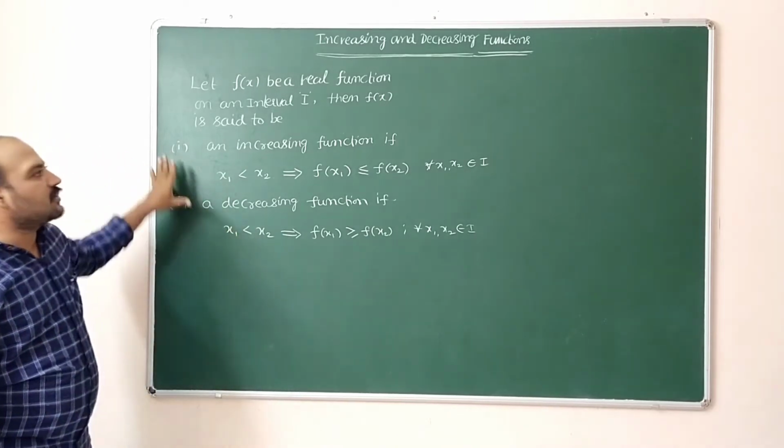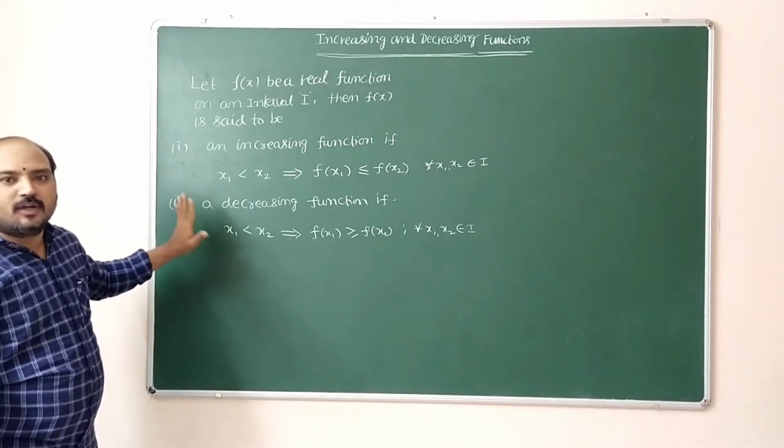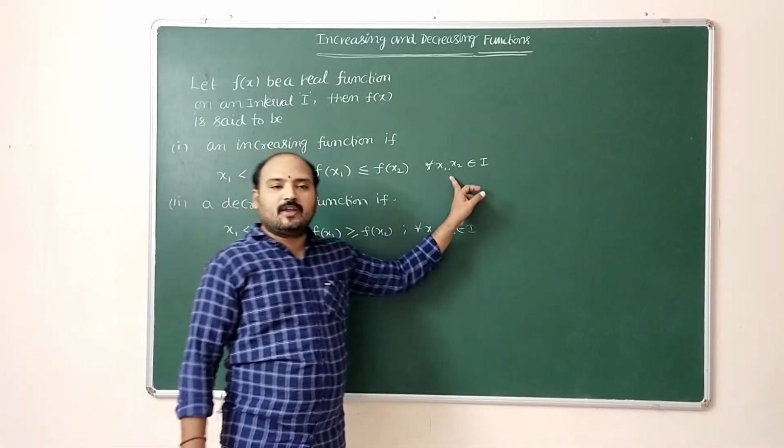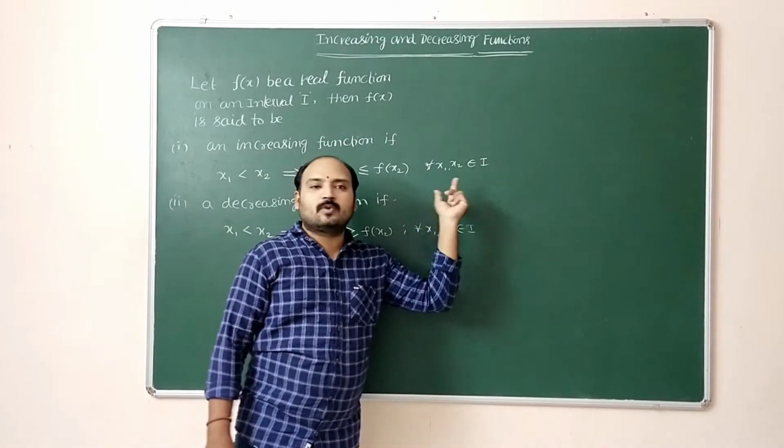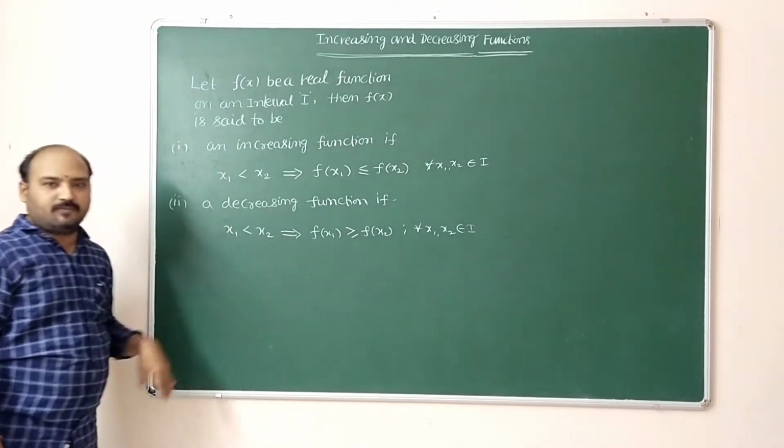This is the definition of increasing and decreasing function on an interval I, for the values of x1 comma x2 which belong to the interval.